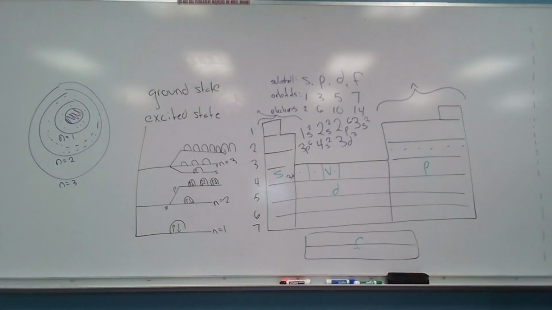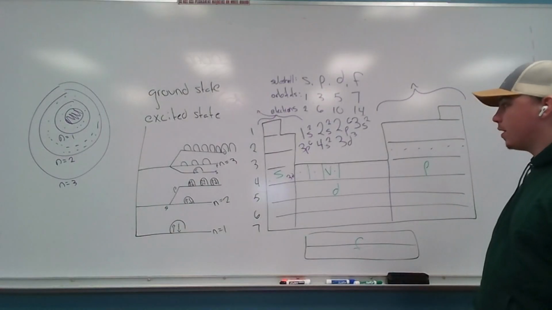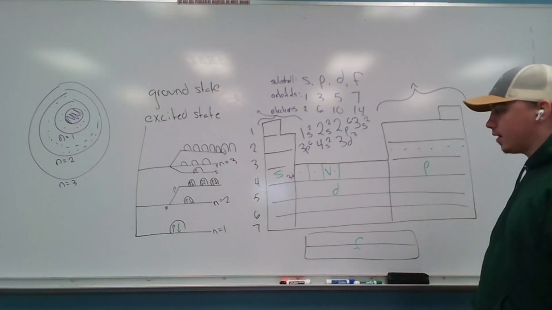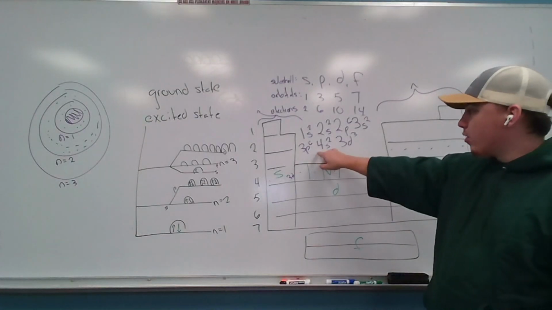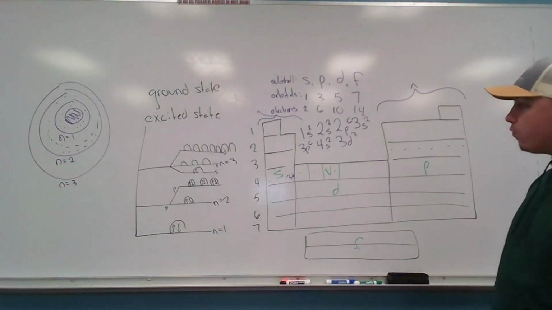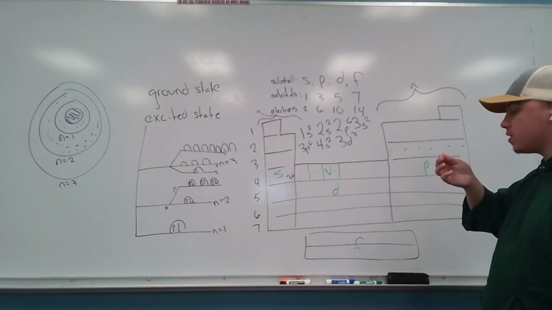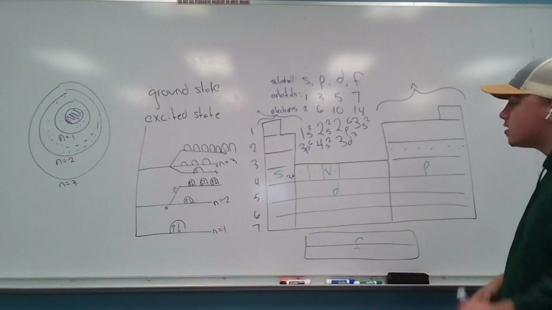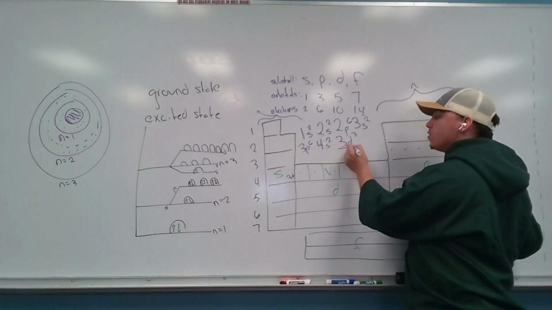Now I'm going to teach you how to know how many valence electrons are in the element. So remember when it was, how many are on the outside? Well, this is the outer shell, 4s. However, 4s is not full. 4s is full, but the fourth shell is not. So the 3d is almost on the outside.